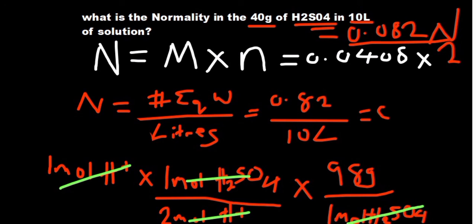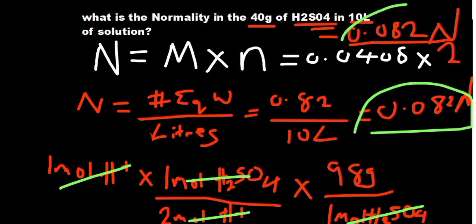So units will be normality. This matches what we calculated using the other formula, where normality is a product of molarity and N, where N represents the number of protons or the number of hydroxide ions in a given base.